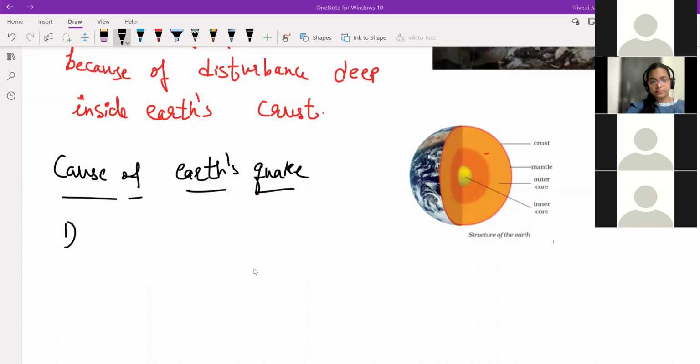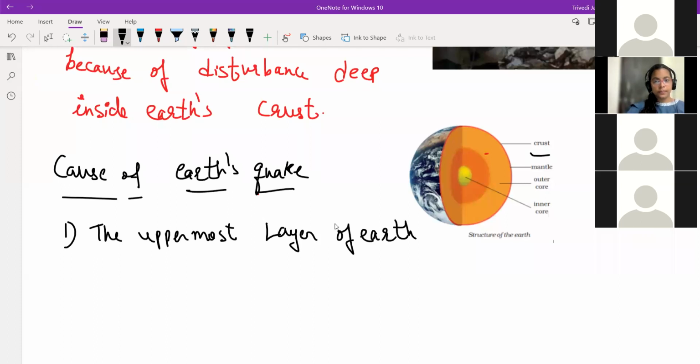Okay, so let's start with the crust. The uppermost layer of the Earth is called the crust.